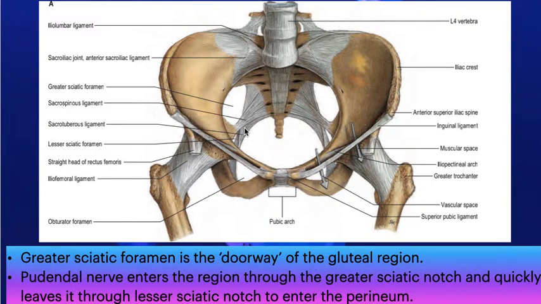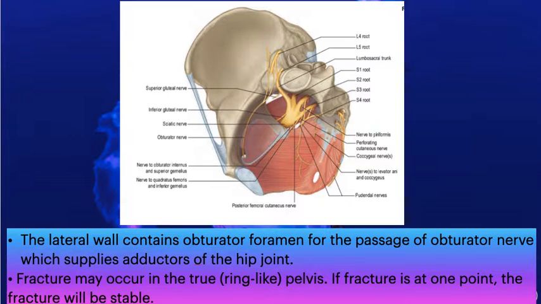The greater sciatic foramen is basically the doorway of the gluteal region, and the pudendal nerve enters this region through the greater sciatic notch and quickly leaves it via the lesser sciatic notch to enter into the perineum.